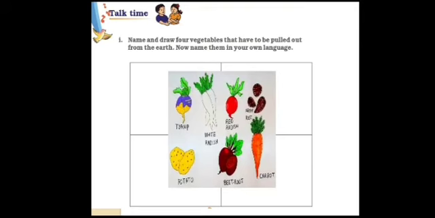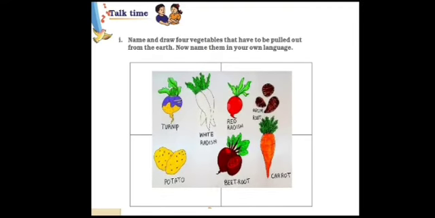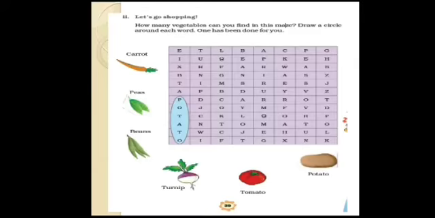Here are some vegetables. You can draw any 4 of these: potato, turnip, white radish, red radish, arrowroot, carrot, beetroot. These all vegetables we pull up from the earth. So you have to draw any 4 of these here.